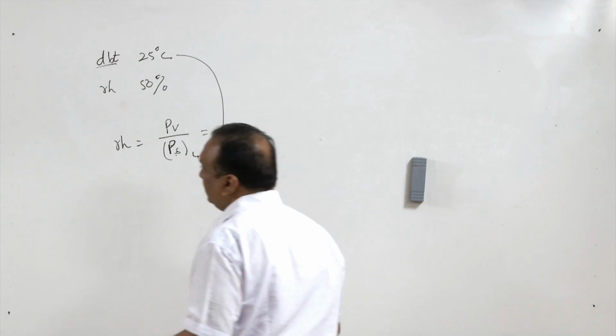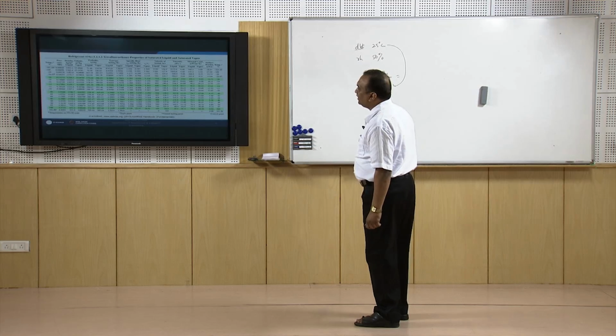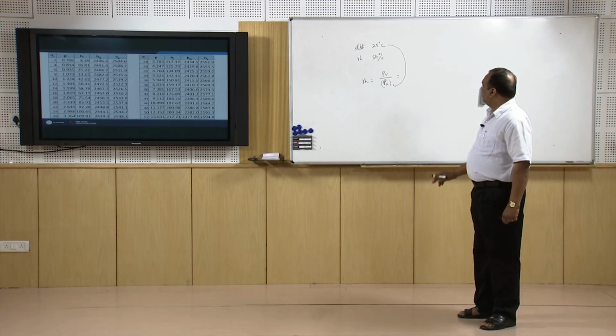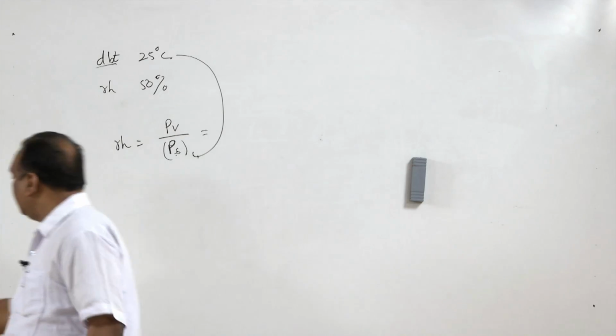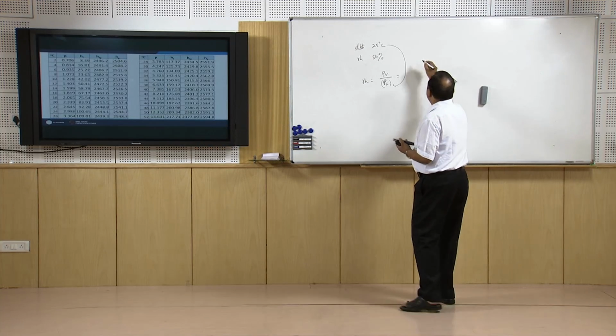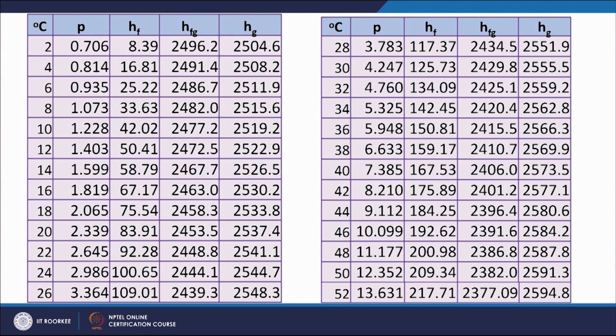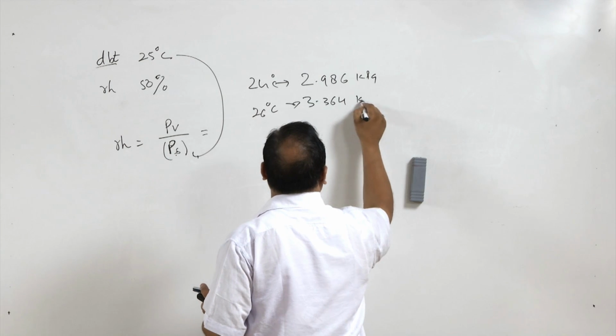So, if we look at the properties of saturated vapor at 25 degrees centigrade, it is not given here. So, the partial pressure of water vapor at 25 degrees centigrade: at 24 it is how much? 2.986 kilopascal, and at 26 degrees centigrade it is 3.364 kilopascal.